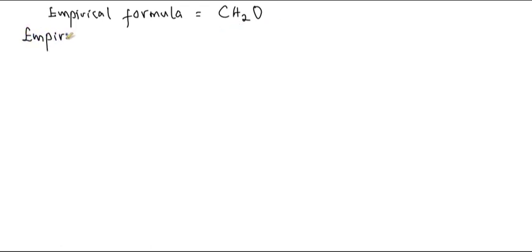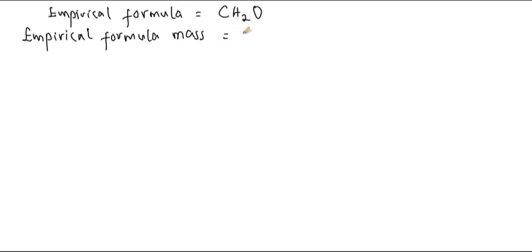Let's proceed. We've gotten the empirical formula to be CH2O. Now here we can calculate the mass of the empirical formula as well. Empirical formula mass is equal to the sum of the atomic mass of each of the elements present in the formula.